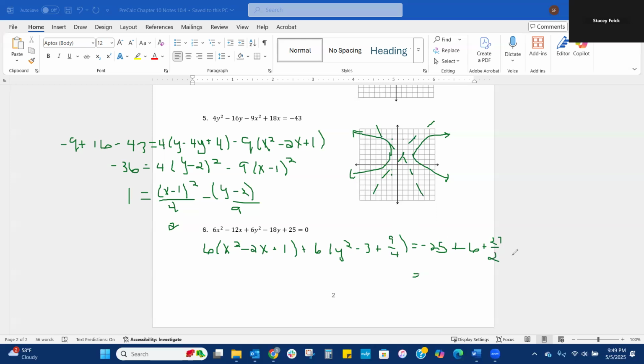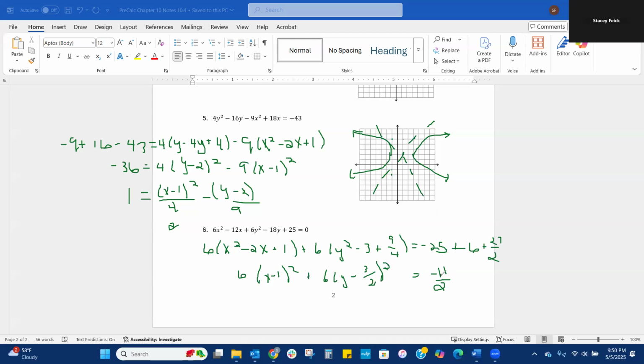When we add these terms together, we end up with a negative 11 over 2. And because these are both positive, 6 times x minus 1 squared plus 6 times y minus 3 halves squared.